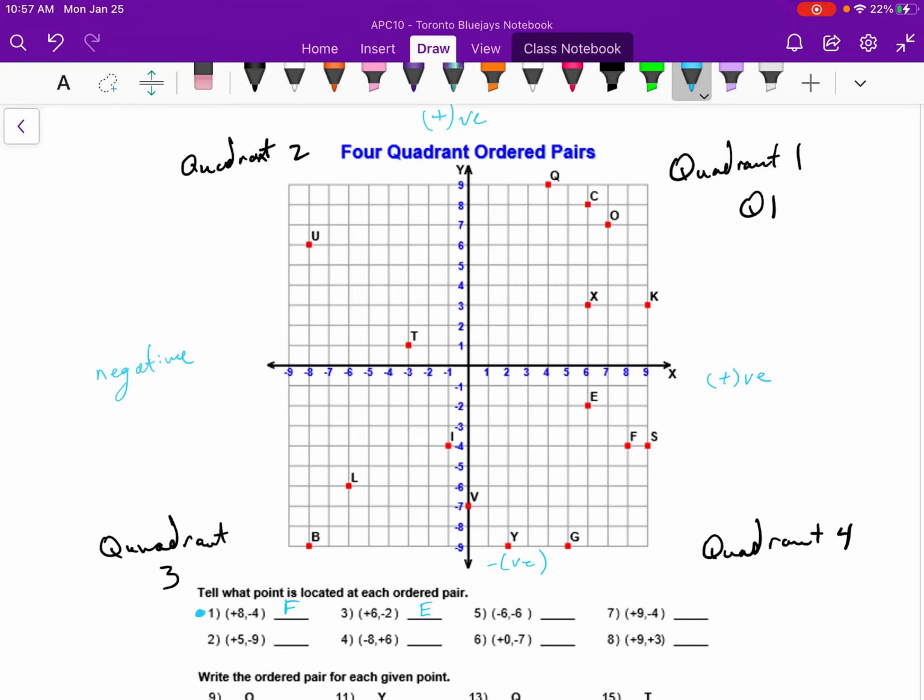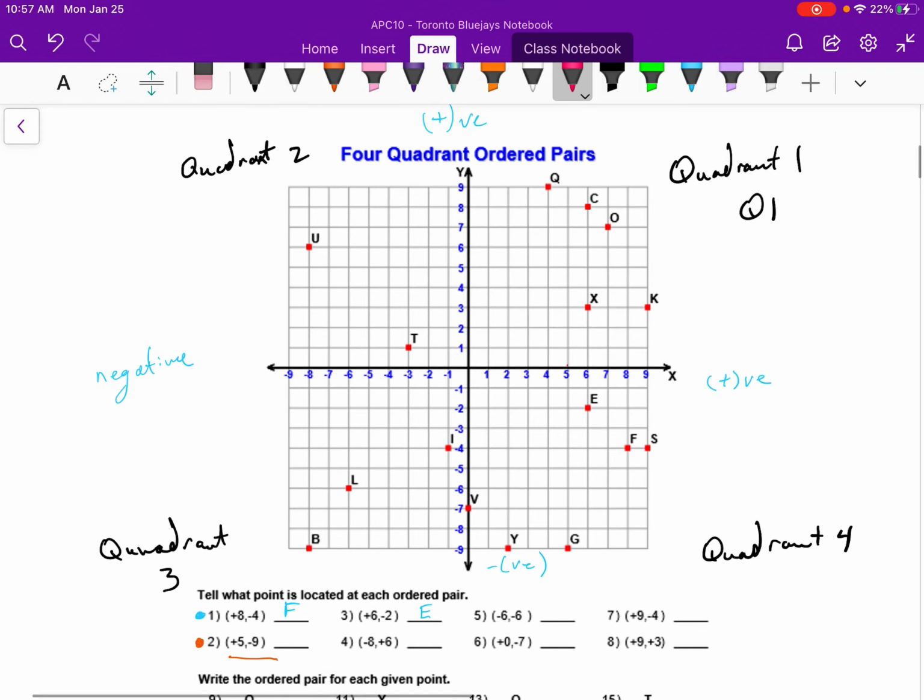So if I move on, now I'm going to do, I just realized I'm doing things out of order. So I'm going to do 5, -9. What that means is x is 5, so you can count in the positive direction 5, 9, and this ends up being Q. Pardon me, I messed that up, didn't I?